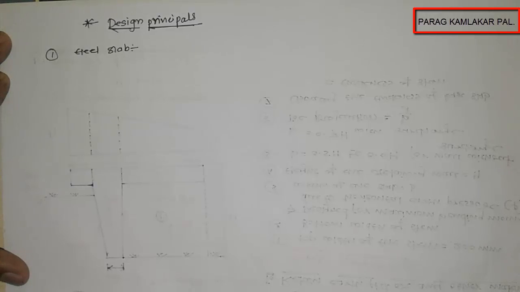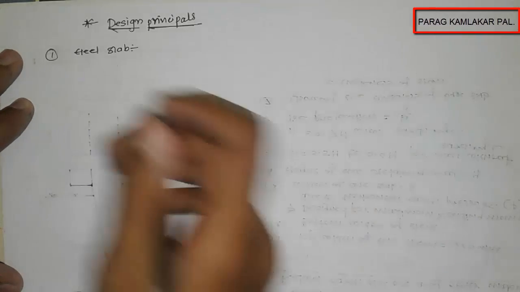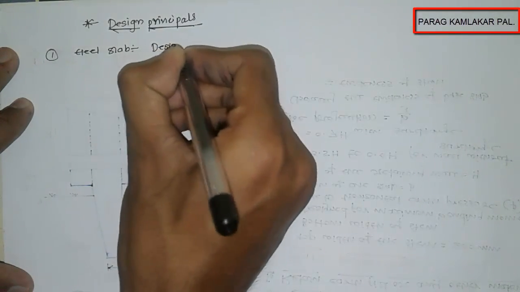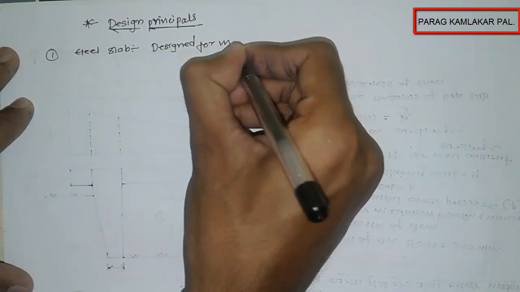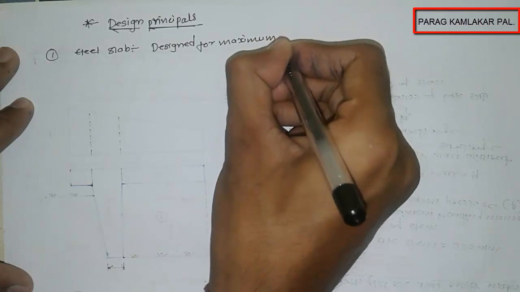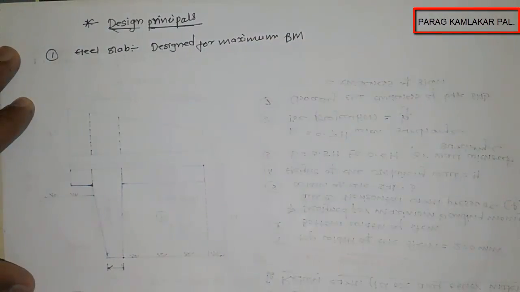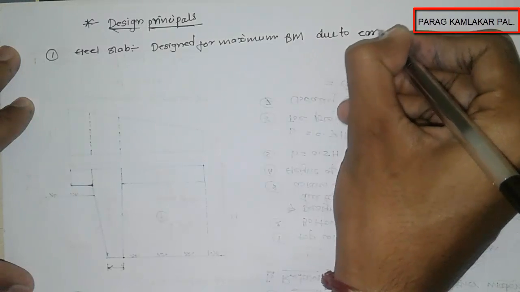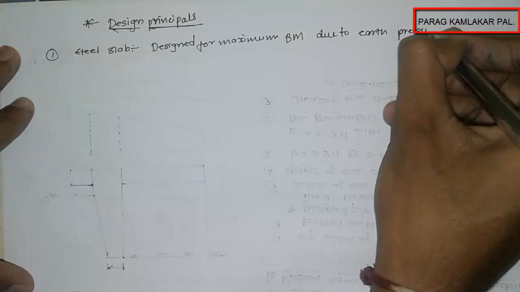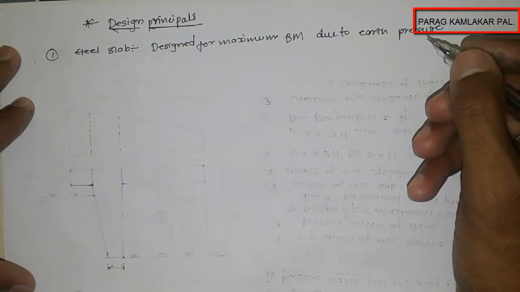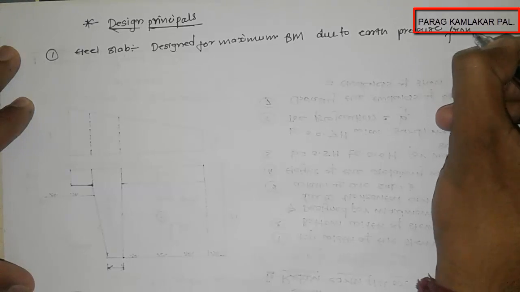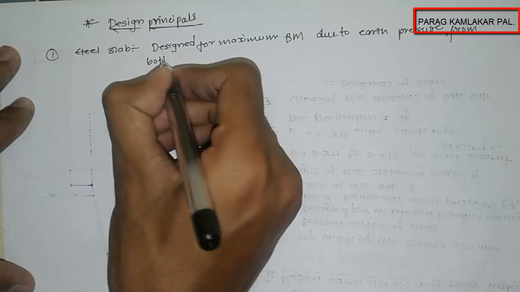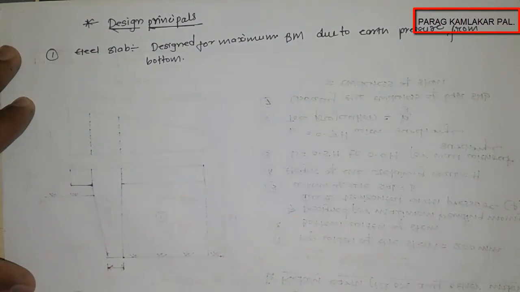The heel slab is designed for a maximum bending moment due to the earth pressure from the bottom and the weight of the earth and heel slab from the top.